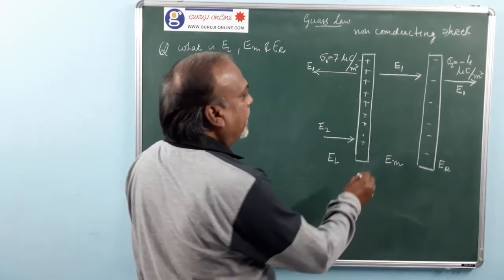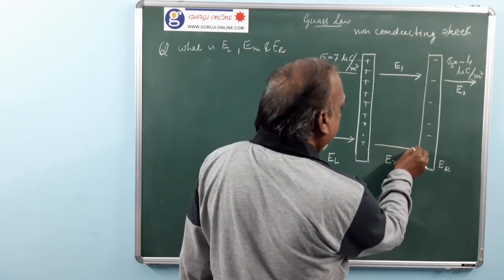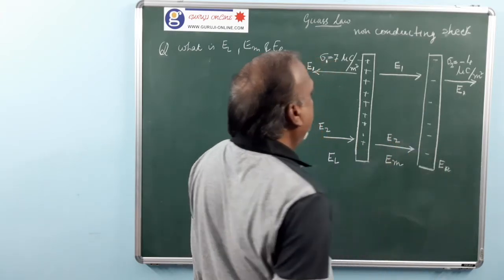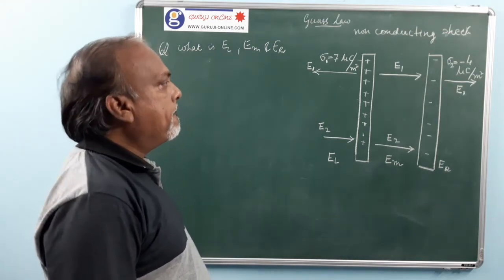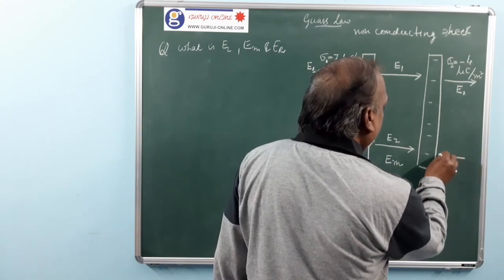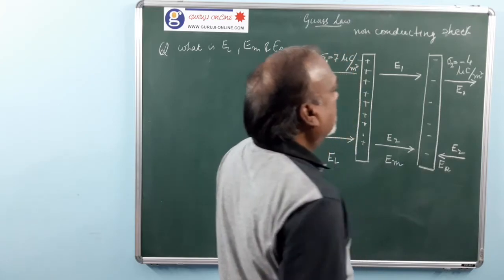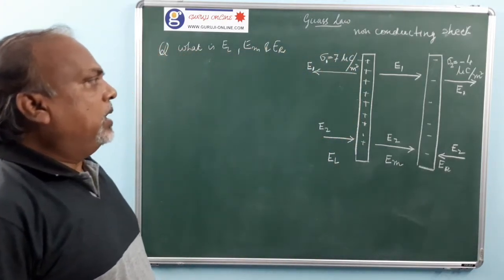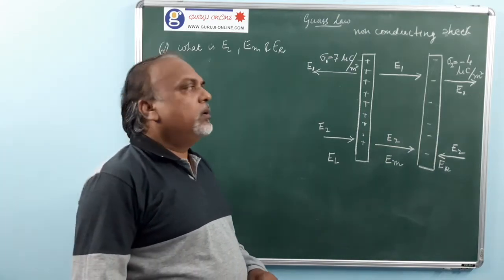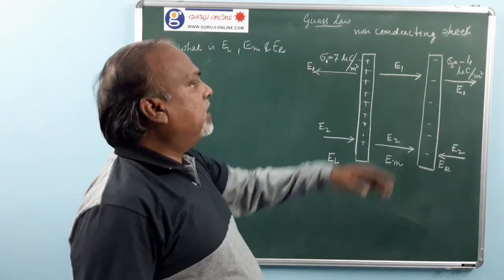Correct. Here it will be this, and due to this, here it will be in this direction. So these are the directions of the electric field due to the charge density sigma 1 and sigma 2.